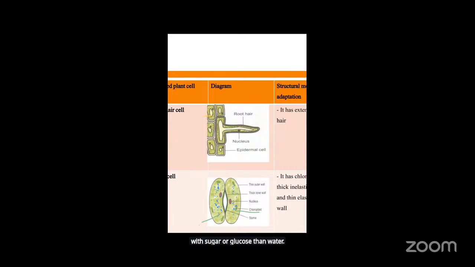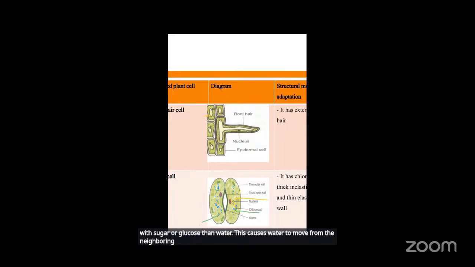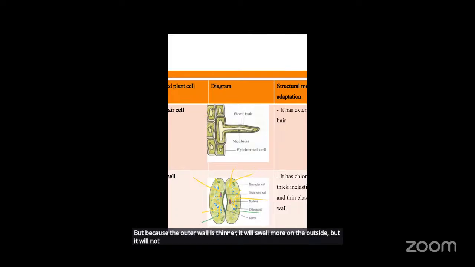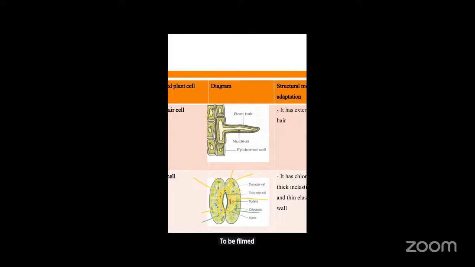This causes water to move from the neighboring cells into the guard cell, so eventually the guard cell will swell. But because the outer wall is thinner, it will swell more on the outside, but not as much on the inside. This causes this opening, which you're calling the stomata, to be formed, and hence we say that the guard cell has opened.